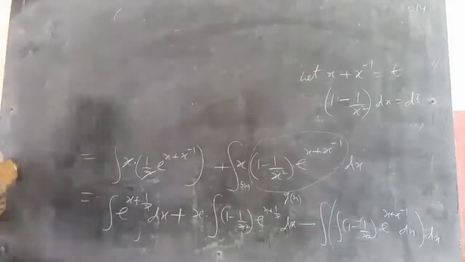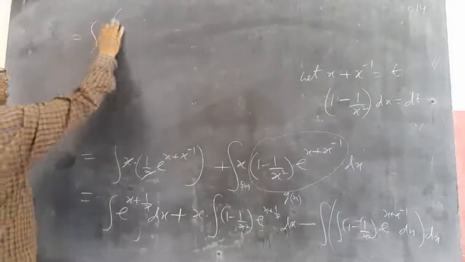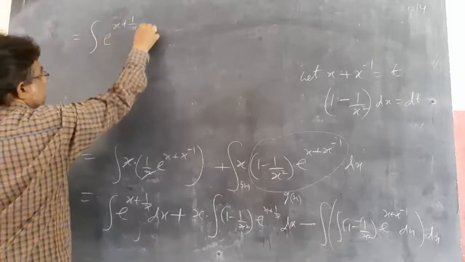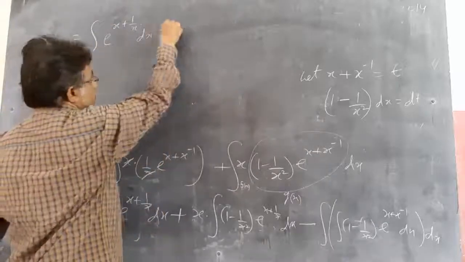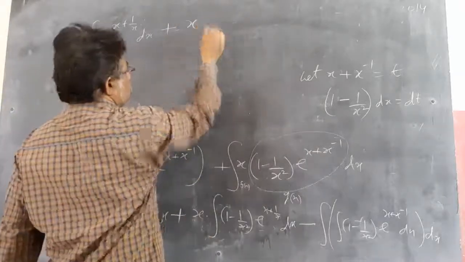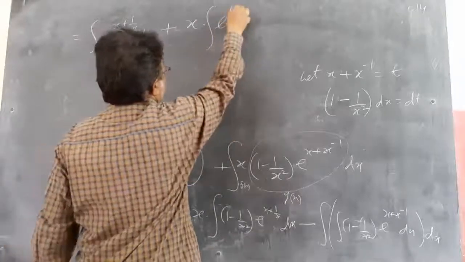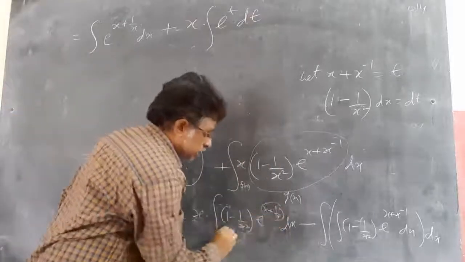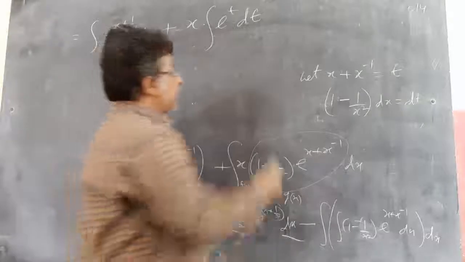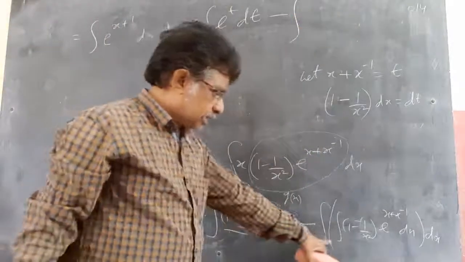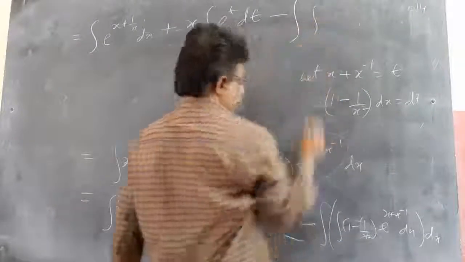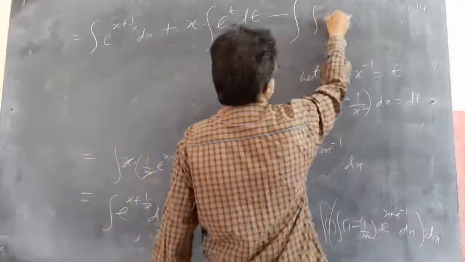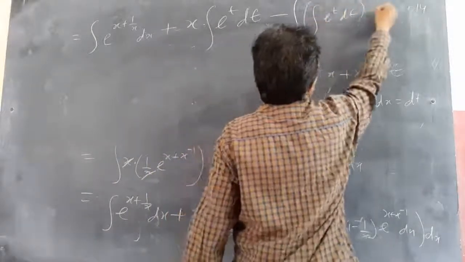So what happens finally? Observe what is going to happen. This part as it is I am writing: the integral of e power x plus 1 by x dx, plus x into the integral of e power t dt, because this is t I am taking, and this total is dt, minus the integral of, this is the inner integral, derivative of x is 1, so 1 into the integral of gx, this e power t dt, whole dx.